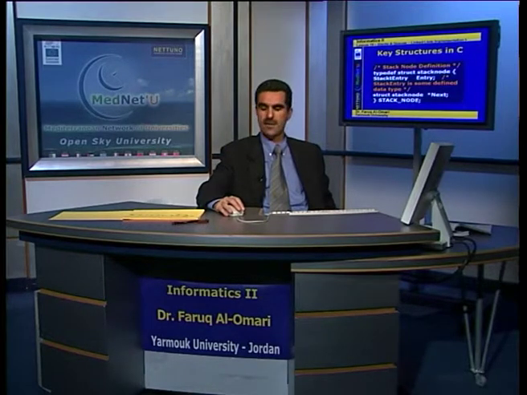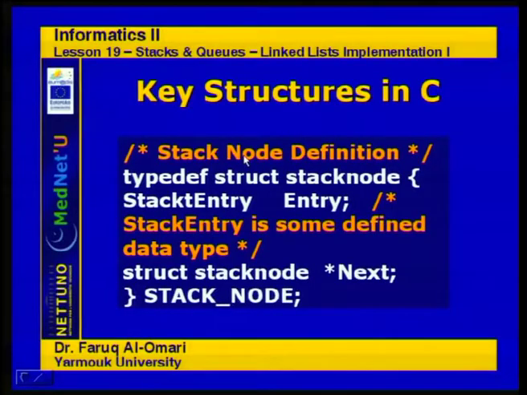Okay, let's write these structures in C. Basically, this is the stack node definition. It's a structure called stack node. It has some predefined data type called stack entry, which defines all the variables inside it. And the name of the variable is entry.